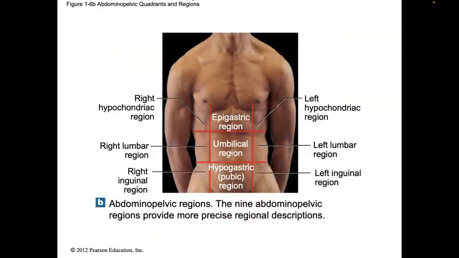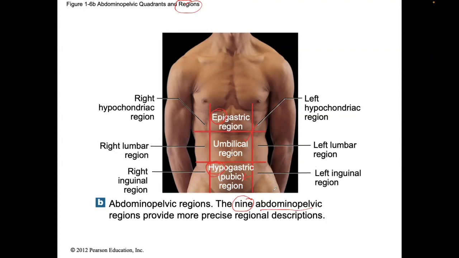Now, besides quadrants, we have something called regions. There are 9 abdominopelvic regions, and it's important to know their names. If we start in the middle where the belly button is, that's the umbilical region. If we look above, epi means above, hypo means below. So there's an epigastric region above the stomach and a hypogastric region below the stomach. The hypogastric is also known as the pubic region because it's near the pubic bones.